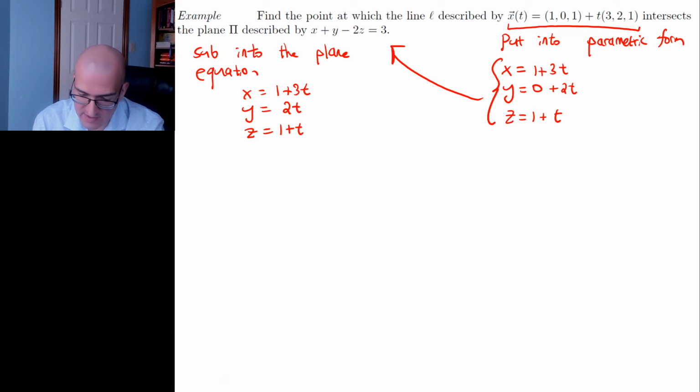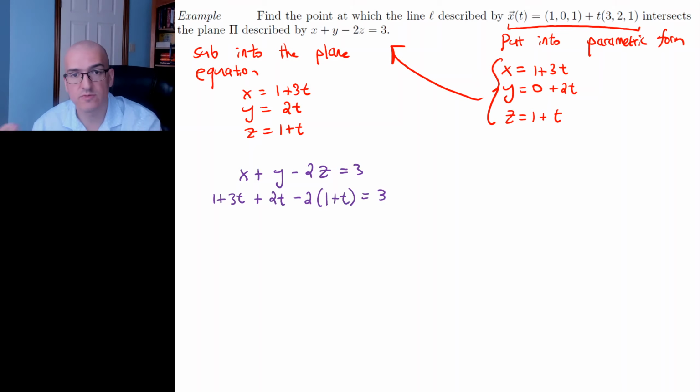We have x, so I'll write down the equation, x plus y minus 2z is equal to 3. So we have 1 plus 3t plus 2t minus 2 times (1 plus t) equals 3. So I just substituted those three things in. Now, the x, the y, and the z are gone. We only have one thing left, the parameter t.